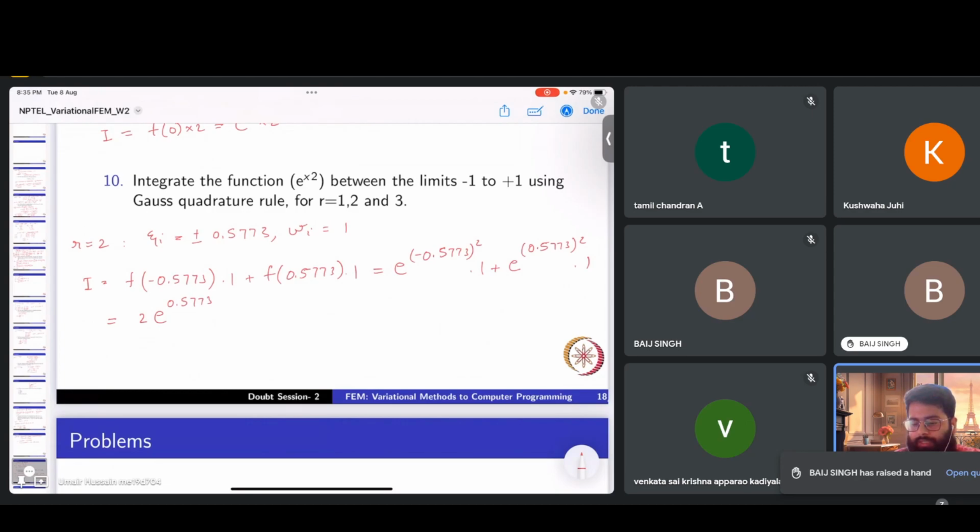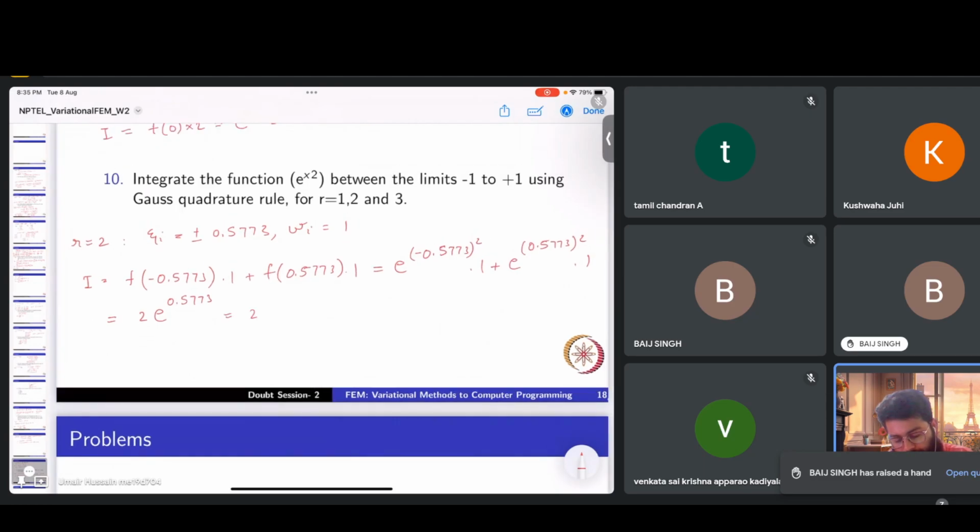If anyone can get the answer meanwhile, please let me know. So it's 0.5773 exponential. It's 2 into 2. Sorry, just a minute. So it's wrong. It's actually the value of e.